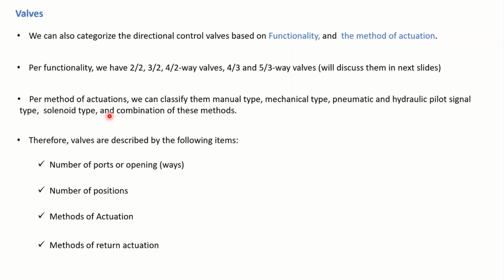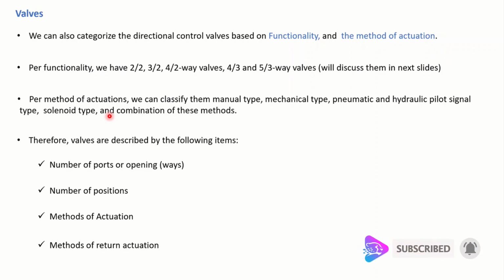So within a directional control valve, we can basically describe them by the following items: number of ports, or let's say openings that we have, or ways, number of positions, method of actuation, and also method of return actuation, right? So how many positions that we have within that directional control valve.